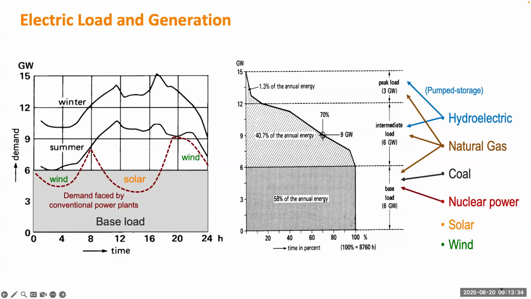Then we introduced the concept of the duck curve, which arises because we have renewables, and right now the idea is to utilize renewables as much as possible. So in the daytime, we try to use solar power generators, whether photovoltaic or other types of solar plants, to generate electricity.